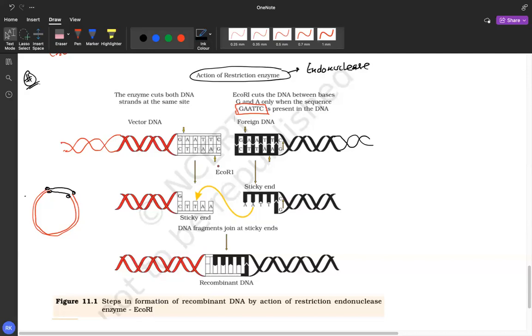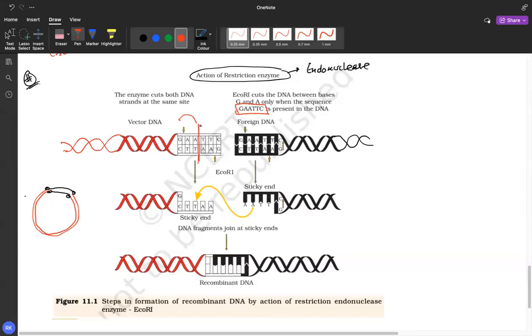Wherever in DNA this sequence is present, with the help of EcoR1 you can cut that DNA between G and A, which means exactly at the beginning. So this is the middle.